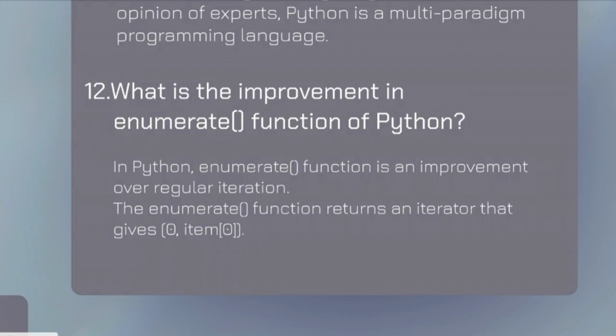The enumerate function returns an iterator that gives the index, that means item 0. So just think about an example: if a variable has a list, we use it like the zip function, but instead of the word zip, we use the word enumerate to implement the function.